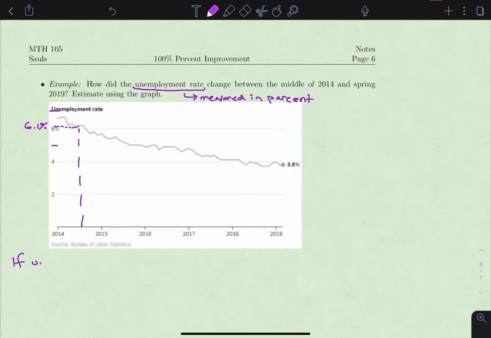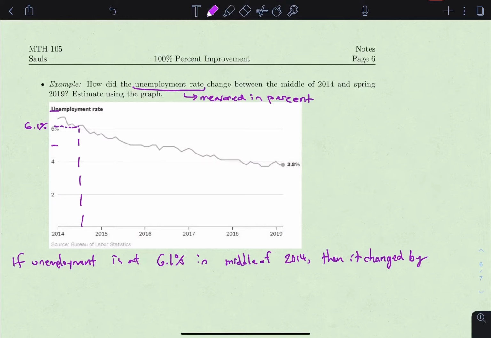If unemployment is at 6.1% in the middle of 2014, then it changed by, and usually we do the final value minus the initial value, 3.8% minus 6.1%, and that'll be negative 2.3%.